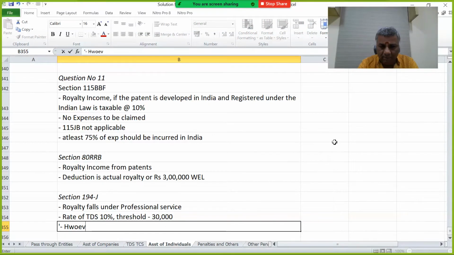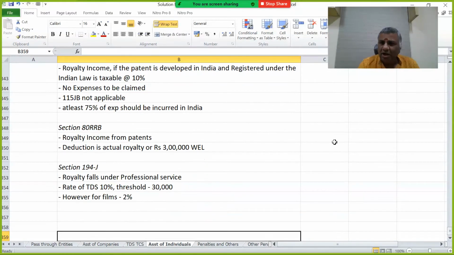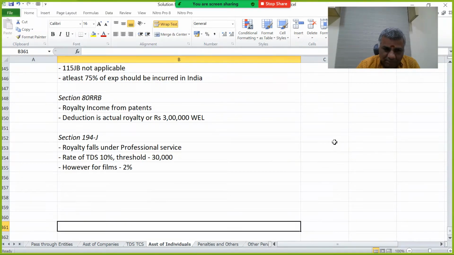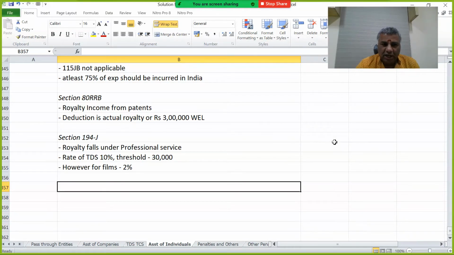However, for films, it is 2% from financial year 2021, if it is for exhibition, purchase, etc. of film. It is only 2% on the whole royalty.